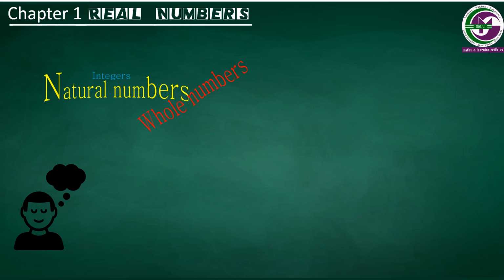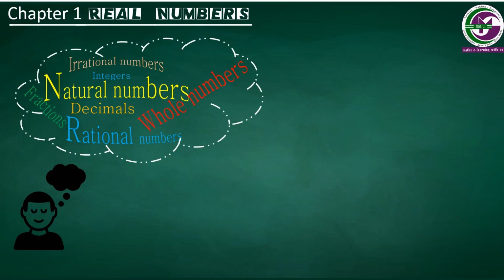Then negative numbers, that means integers, fractions, decimals, rational numbers, and in class 9 you studied about irrational numbers. The set of all these numbers is called real numbers. So real numbers is a big world of numbers, including everything you learned till now. Together we'll say real numbers.